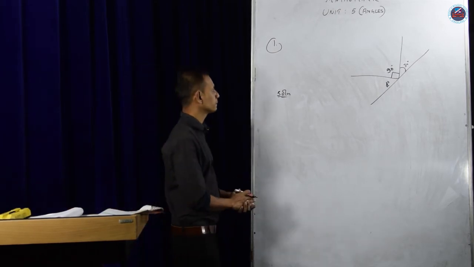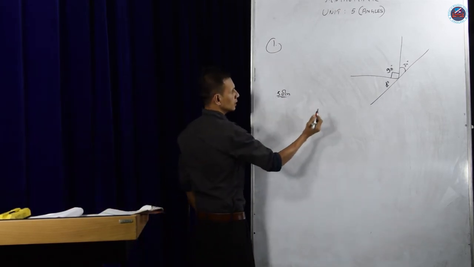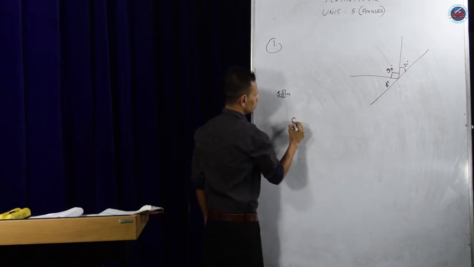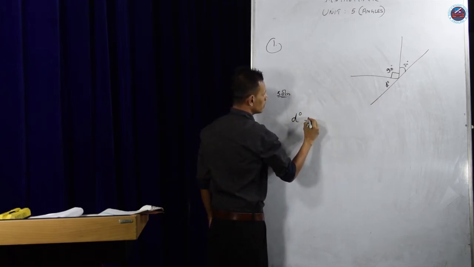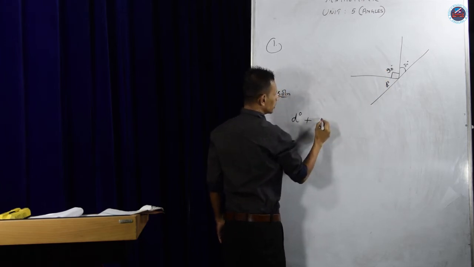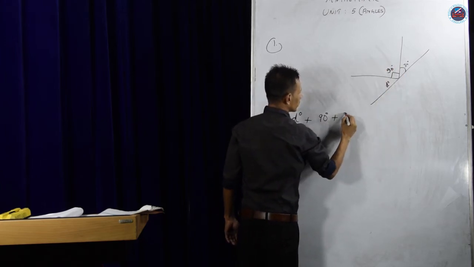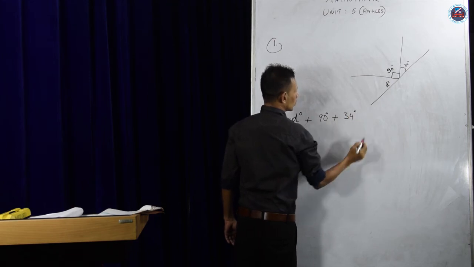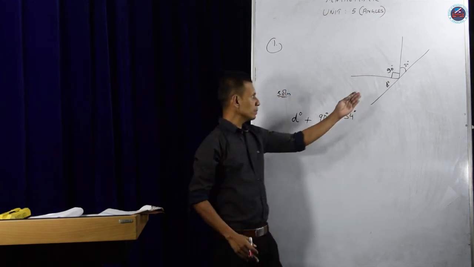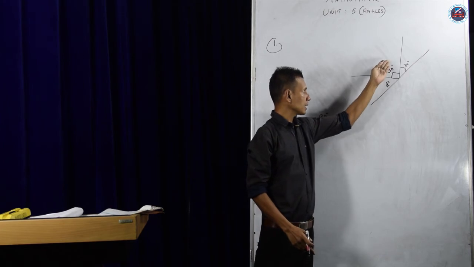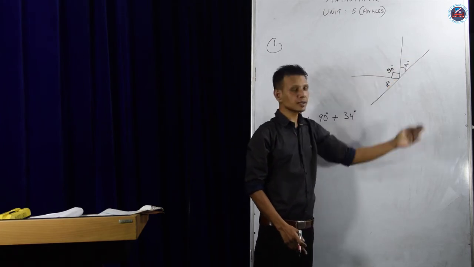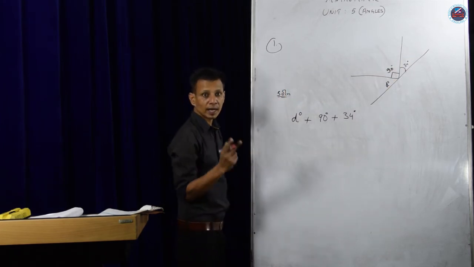Well, work it out. D degrees plus 90 degrees plus 34 degrees. What will I get if I add this plus this plus this? 180 degrees.